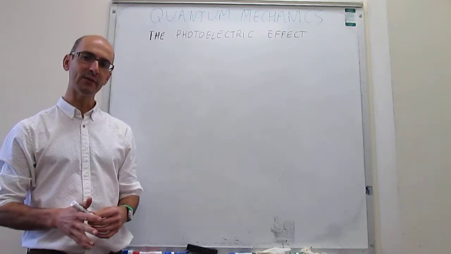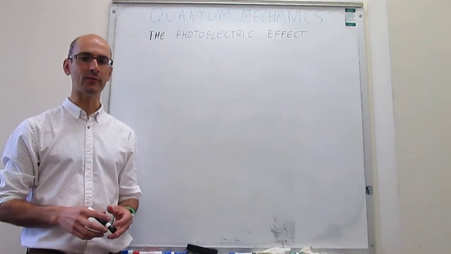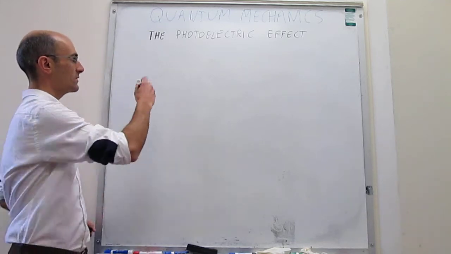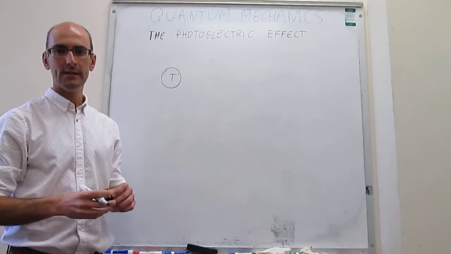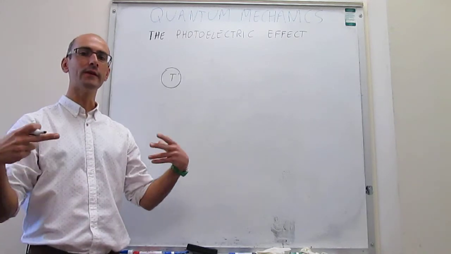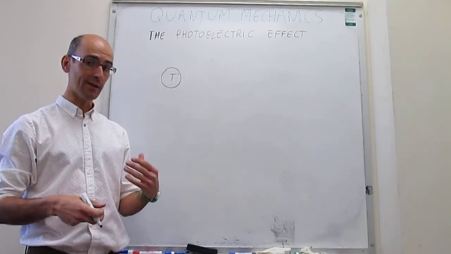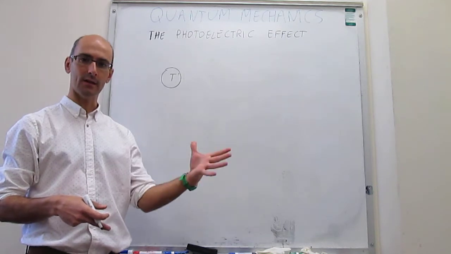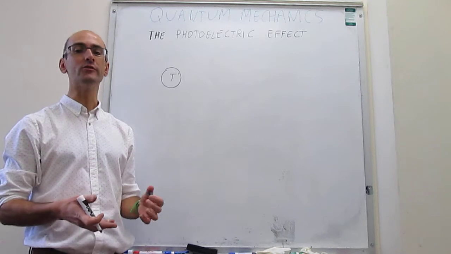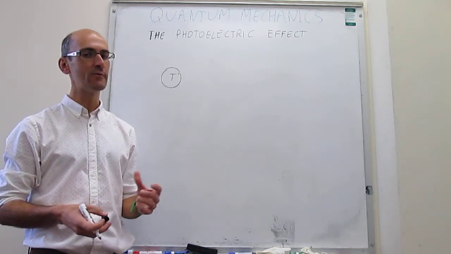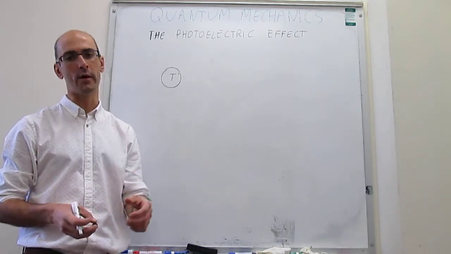The first experiment that we have talked about is the black body radiation experiment, in which the idea is that if you have a body at a given temperature, this body gets rid of energy by emitting electromagnetic radiation, like visible light or infrared light, with energies that are in very specific amounts, which are called quanta.